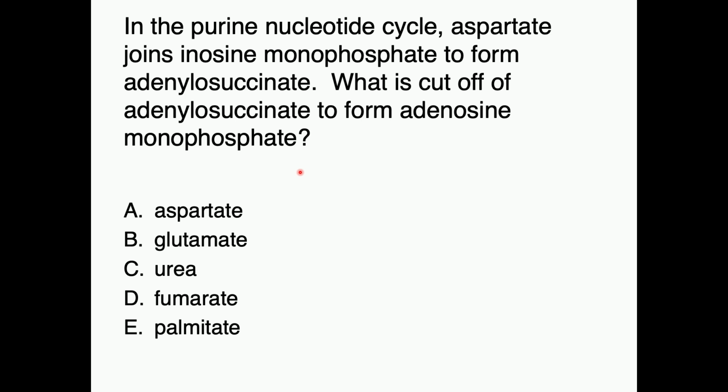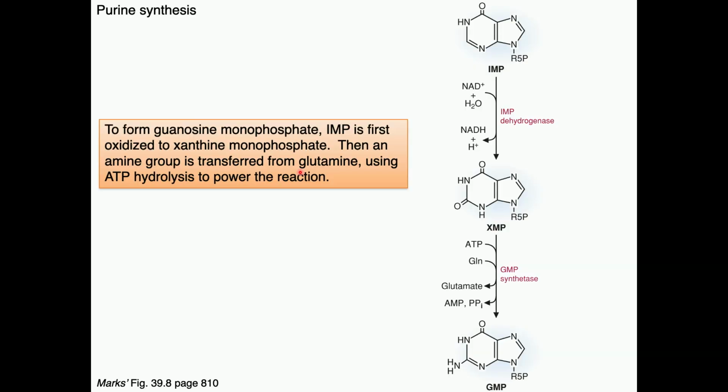Okay, so to make adenosine monophosphate from inosine monophosphate, we need that two-step amine transfer where we make a covalent bond with aspartate and then fumarate is cut off. To make the guanosine monophosphate, that's still an amine transfer reaction. However, it's a little bit different. It doesn't involve aspartate.